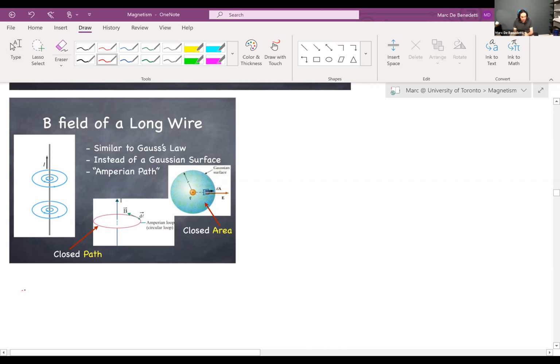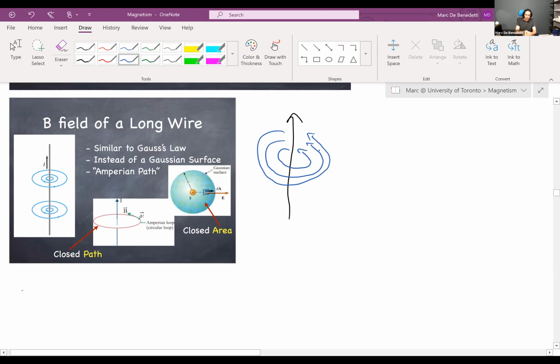So here, what we do is we have a long straight wire, and we have an idea of what the magnetic field might look like, but we don't know the formula for the magnetic field. In fact, in lecture we've talked about how the magnetic field due to a long straight wire will look something like this.